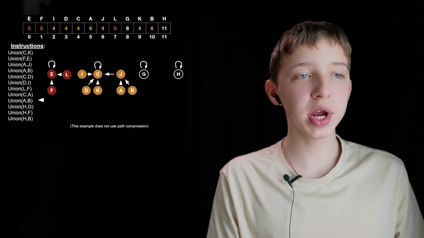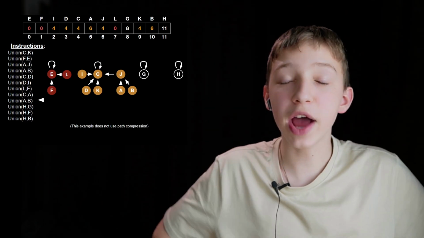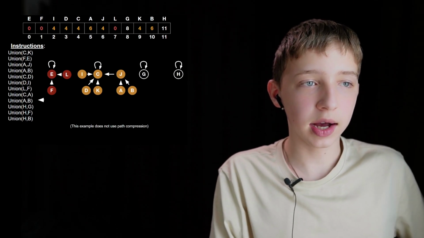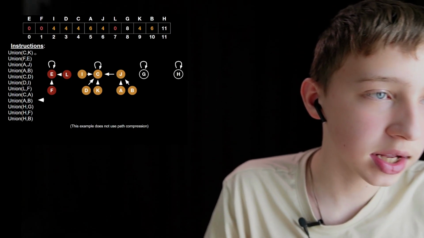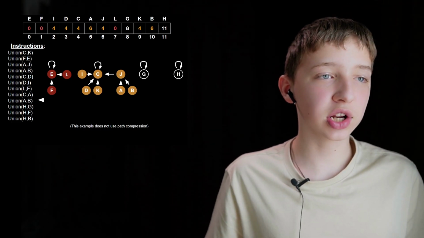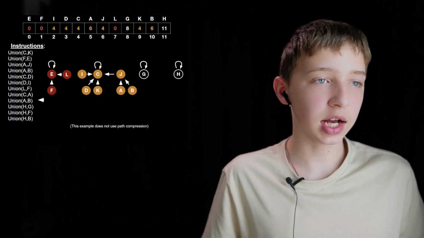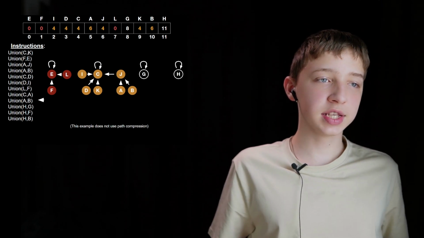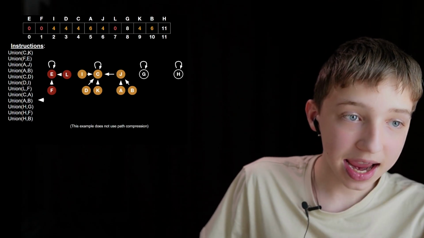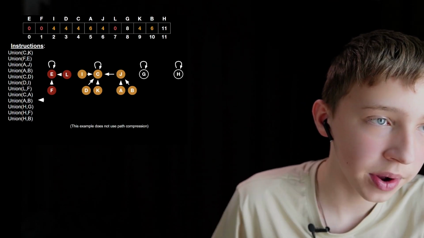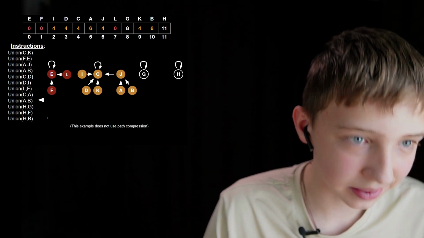Now we look at which node corresponds to the element that initially was at index 6. Initially at index 6 there was a J node that now has index 4, and 4 is C. So in this way we understand that A belongs to the group with C as its root.